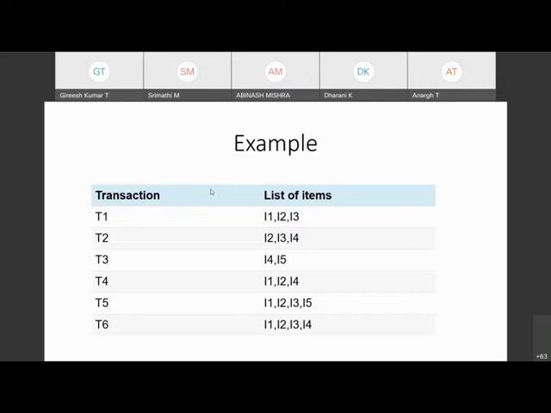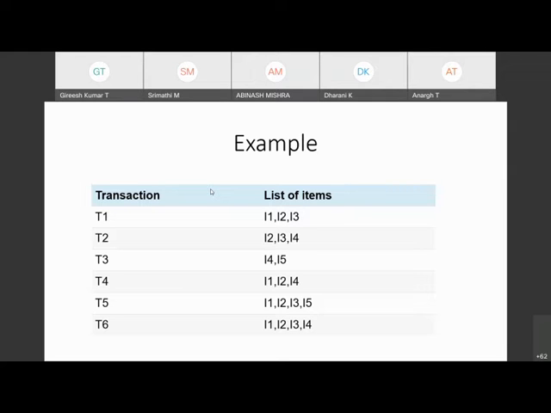For the first transaction, these are the 3 items that were purchased. For the second transaction, we can see that item number 2 and item number 3 are present, item number 1 is not present, but a new item, item number 4, appears. In T3 there is only item number 4, and a new item, item number 5.